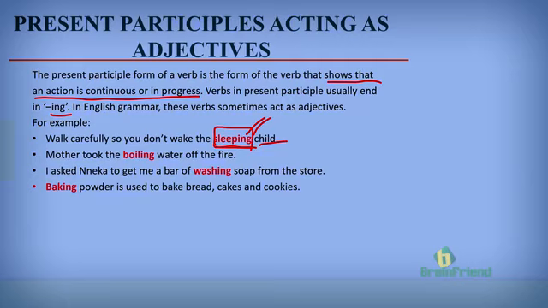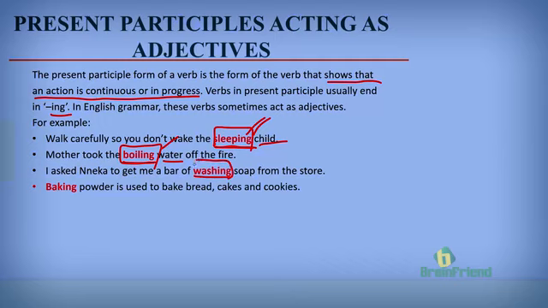And then again we have, mother took the boiling water off the fire. Boiling is a present participle verb that describes the noun water. So here also, the present participle verb acts as an adjective which describes a noun. I asked Nneka to get me a bar of washing soap from the store.